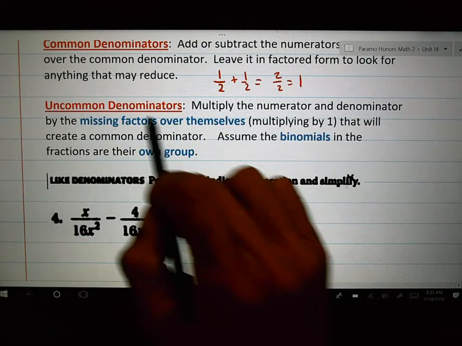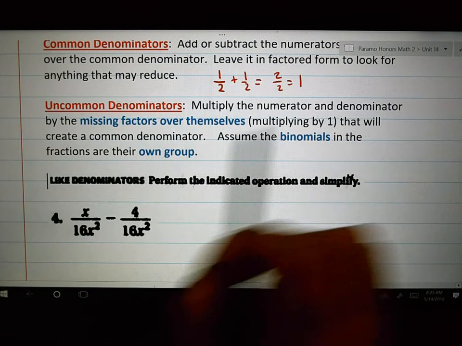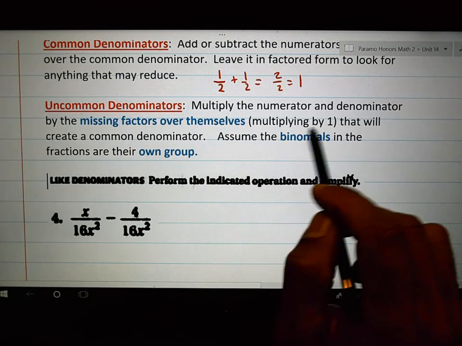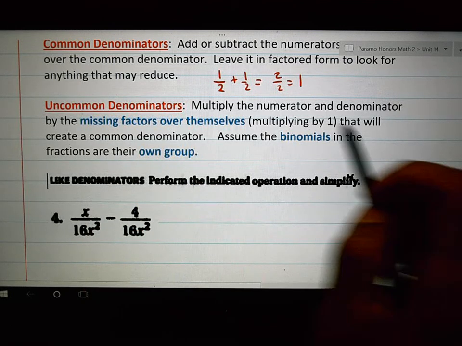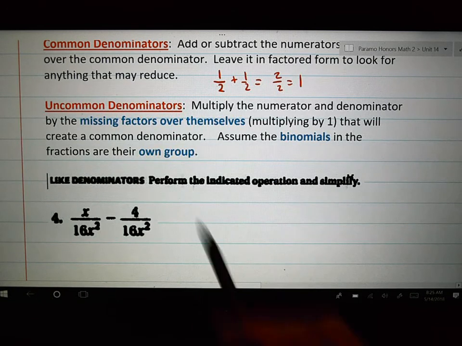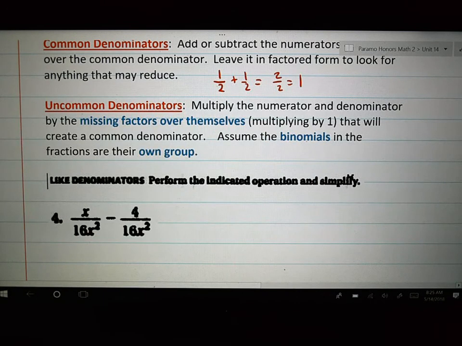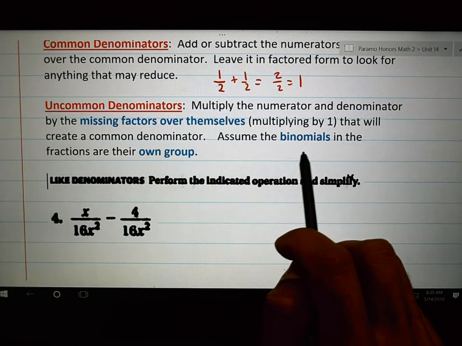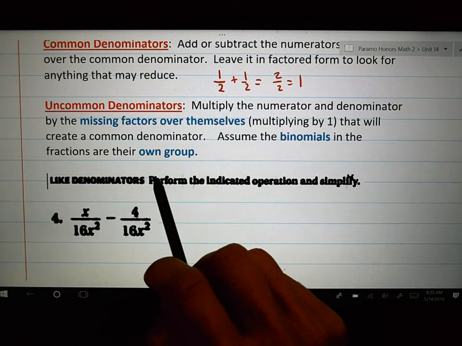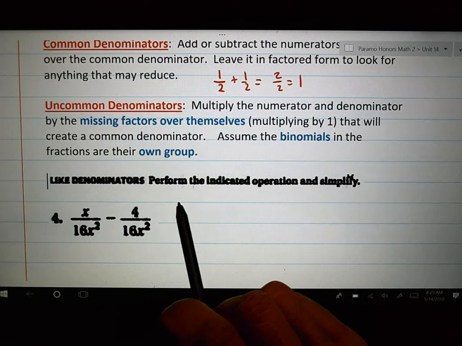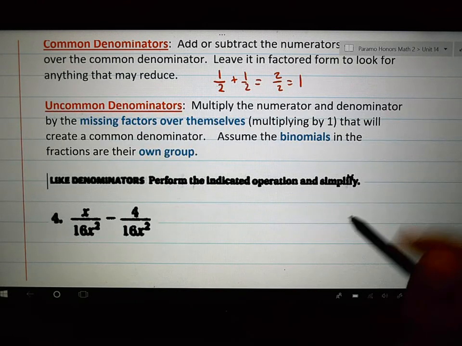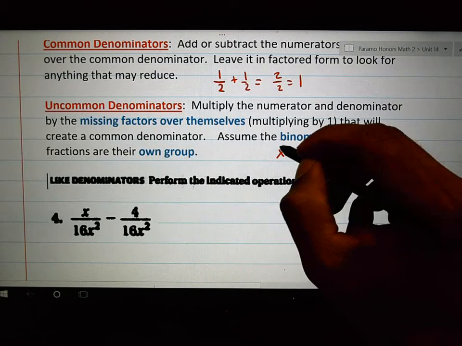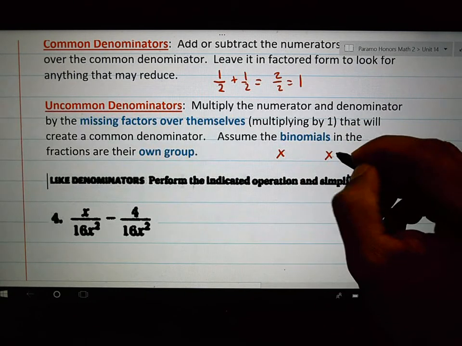When they don't have a common denominator, you're going to need to multiply by the missing factors over themselves. Technically, that means we're multiplying by 1. We're trying to create a common denominator so that we can then just put the numerators together. I also put in your notes to assume that the binomials in the fractions are in their own group, meaning if you're trying to find a common denominator between, let's say, an x in one denominator and an x plus 2.